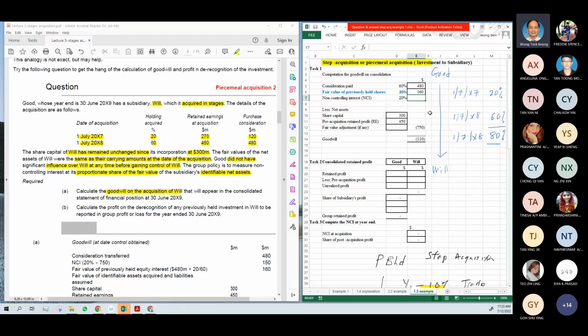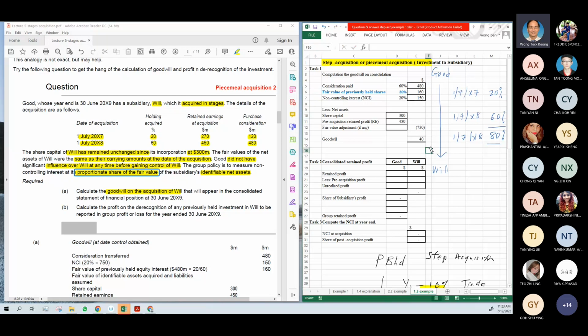The previously held share at fair value is the fair value at the time they bought the 60%: 480 divided by 60 times 20%. The NCI is based on the proportional share of net assets. The net assets are 750, so 750 times 0.2 is 150. So you get goodwill of 40.